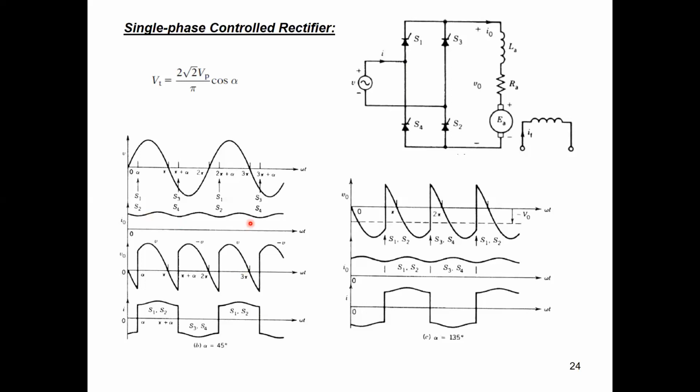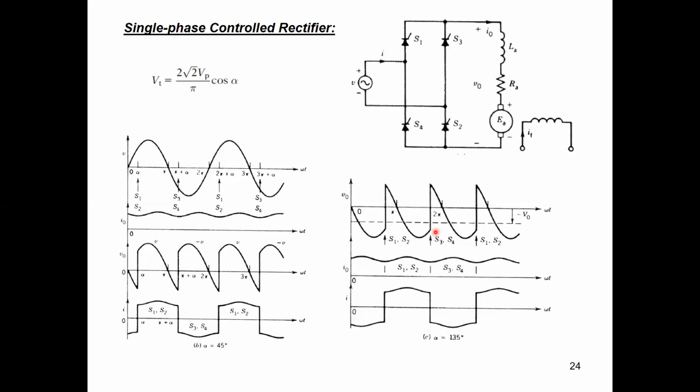If we should have increased the firing angle to, for example, here 135 degrees, as you can see, the starting point of the output voltage shifted a bit to the right. As you can see, here is alpha at 45 degrees. And we know here this is the 90 degrees. So after 90 degrees, the voltage polarity will start from here, but it will stay longer in the negative side.